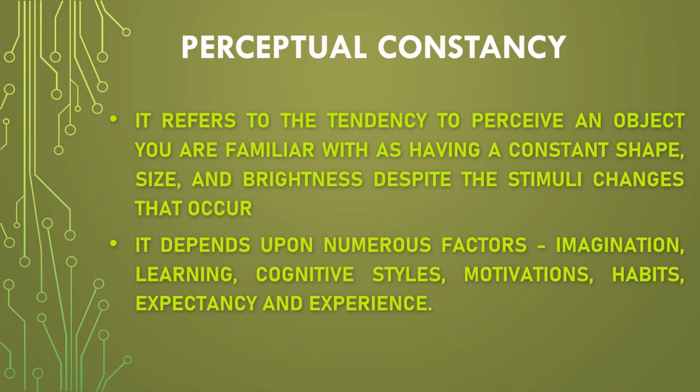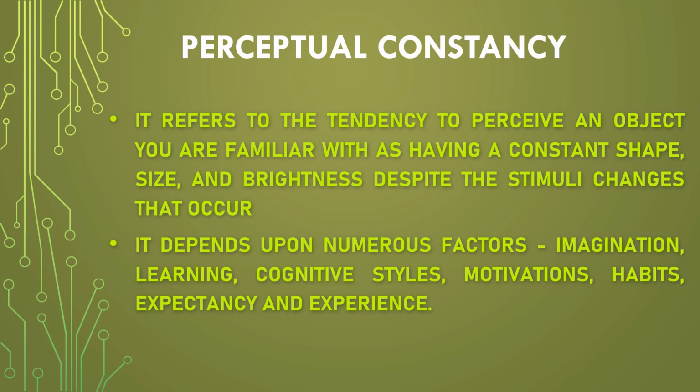So, what are perceptual constancies? It refers to the tendency to perceive an object you are familiar with as having a constant shape, size, and brightness, despite the stimuli changes that occur.